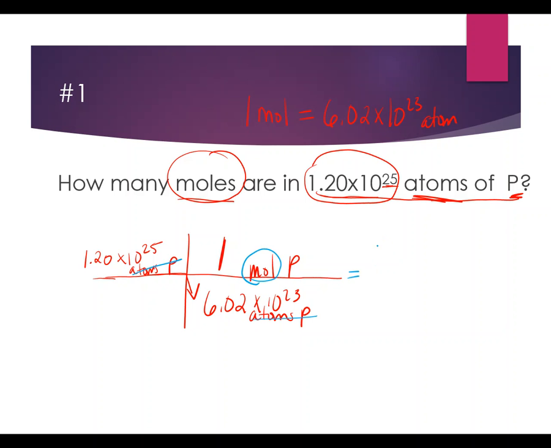What does this mean in terms of sticking it in the calculator? So you want to do this, E25 times 1 over 6.02 E23, and you're going to get your calculator answer. I always start by writing down the calculator answer and then rounding it to the correct number of significant figures.